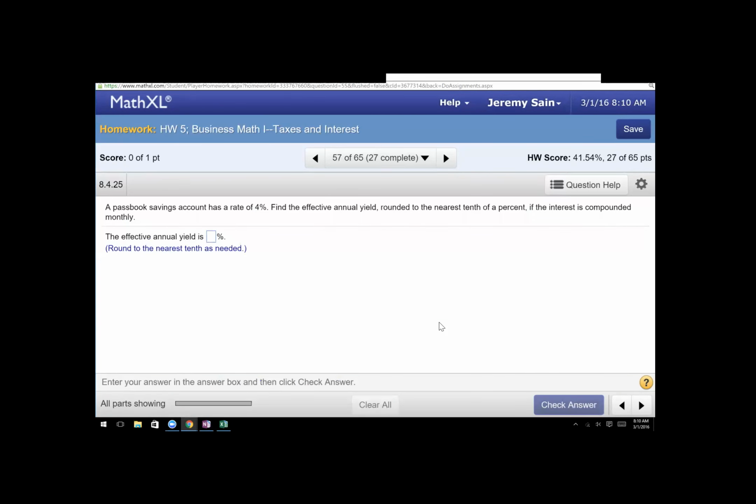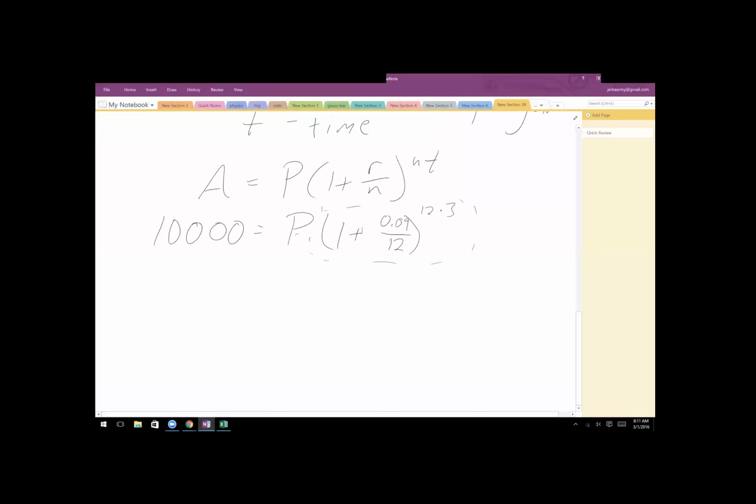A passbook savings account has a rate of 4%. Find the effective annual yield if the interest is compounded monthly. That's actually kind of like what we just did. We haven't actually talked about effective annual yield, but it's exactly what it sounds like.